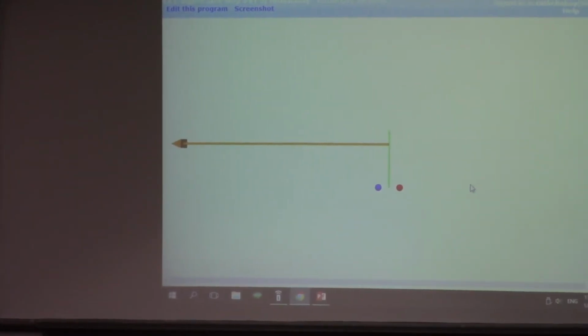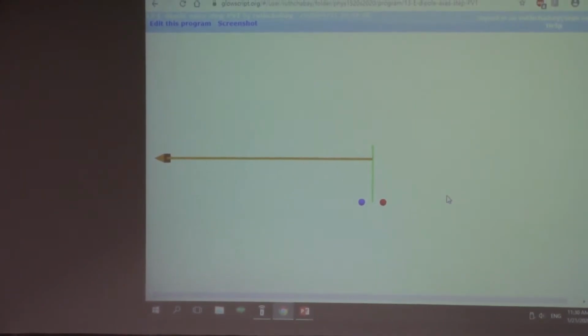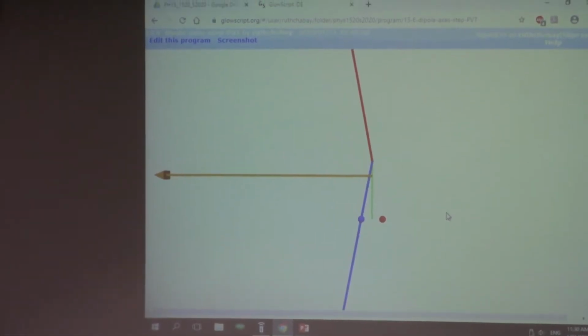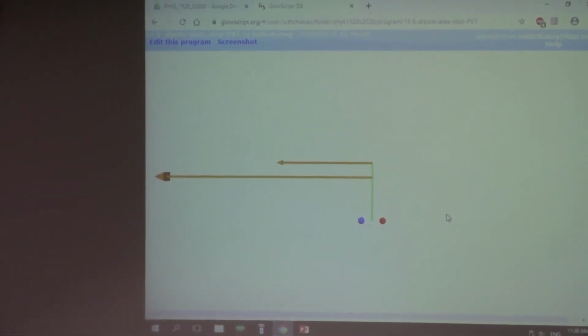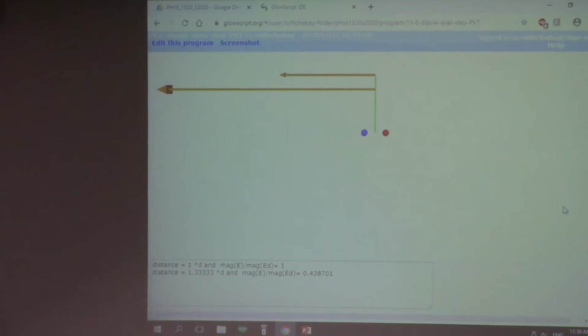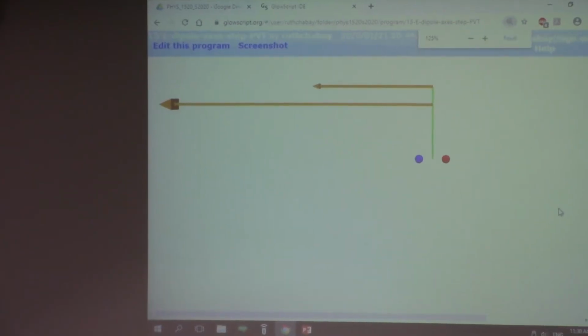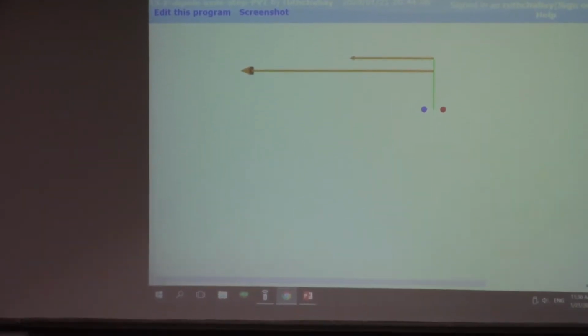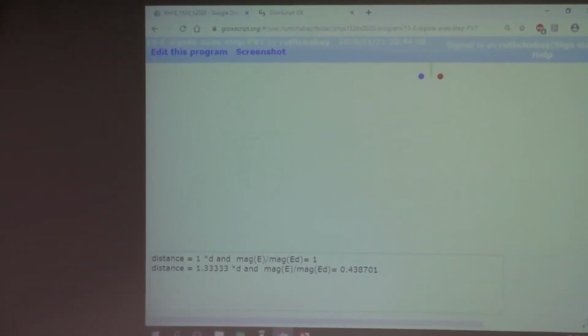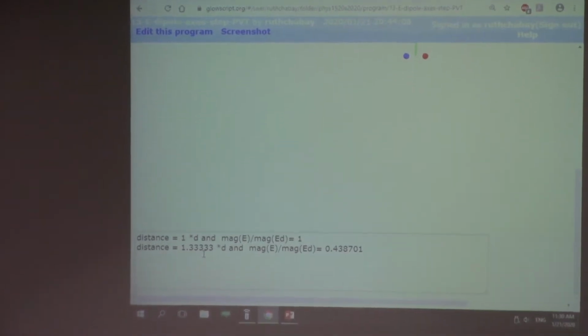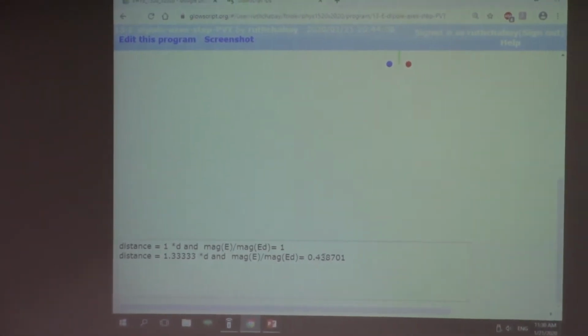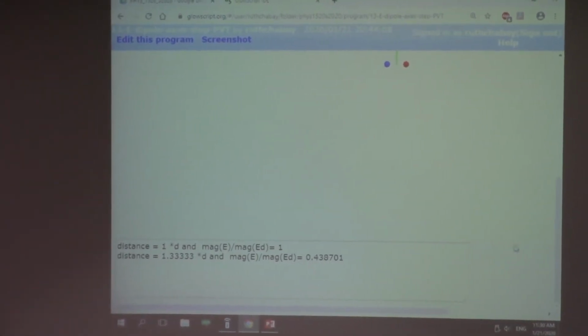Now we're going to step up in steps of about d over 3. Now the field is smaller. Here the distance was one and a third times d, and the magnitude of the field is 0.44 as big.